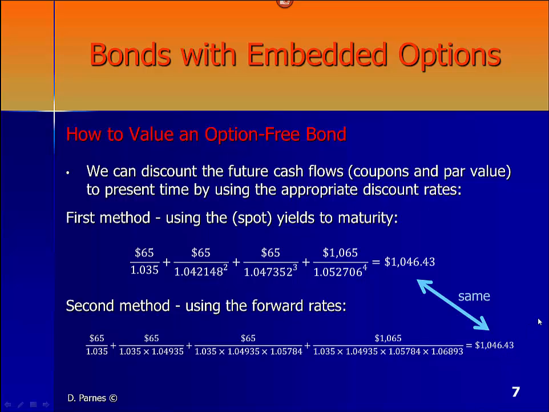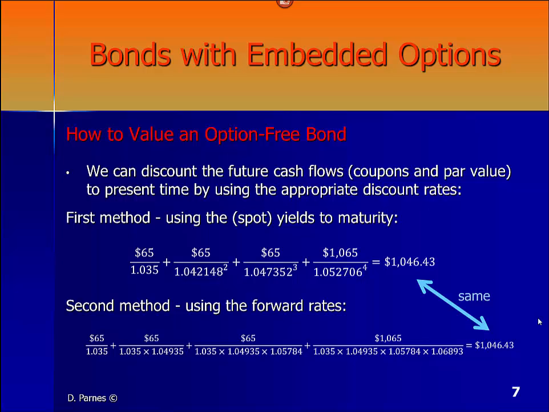So the concept that I'm illustrating here is that basically, we're discounting future cash flows, both all the coupons and the par value, to present time. Regardless of how you do that, this should bring you the appropriate valuation for the bond today.